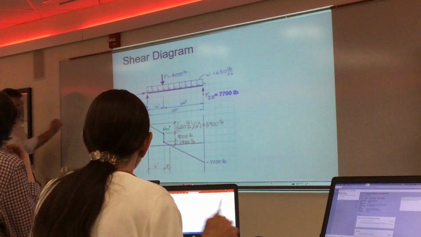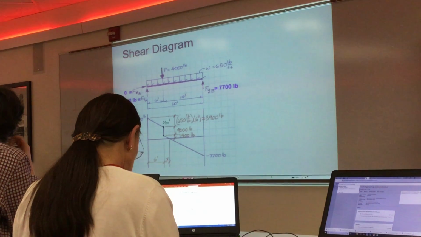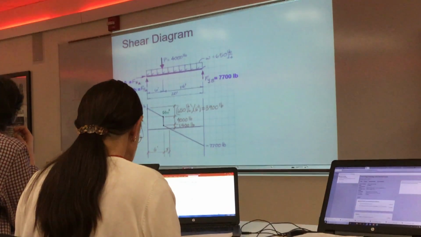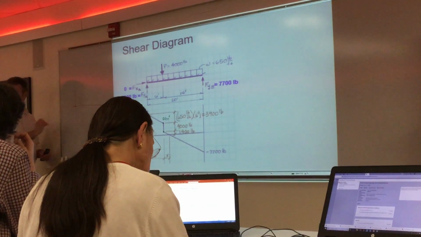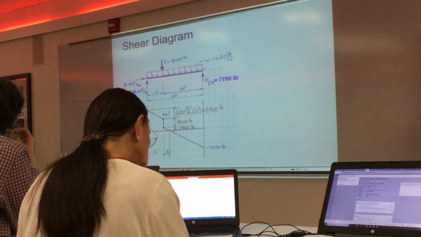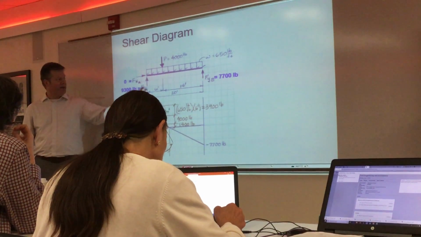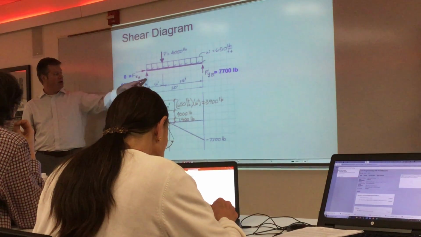So this horizontal line is simply a 0 line to work with, as if you're drawing an X and Y axis. It starts at 0. The magnitude is 0. So when I measure the shear right at the end of this beam, the first thing it does is spike up from 0 to 9,300 due to that reaction.